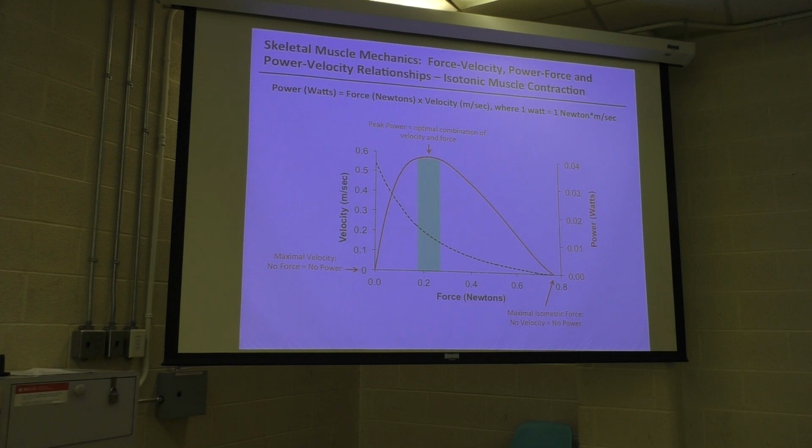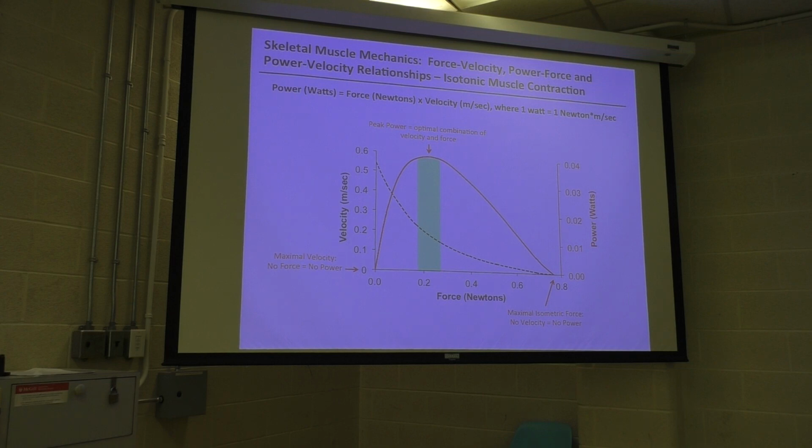Okay, so power is force times velocity. When I talked about the force velocity curve before, this is where it starts to matter in real life. How much of that force can you exert in how much time?